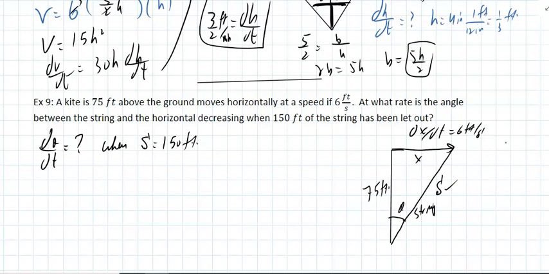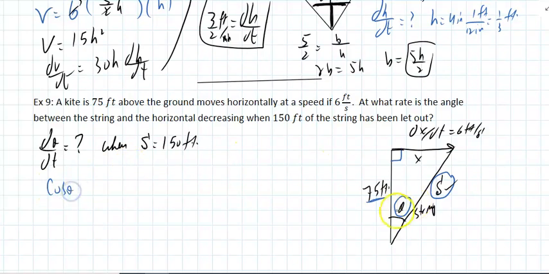Well, let's see how we're going to combine those. Now, I need an angle. I need s. And I'm thinking, if this is fixed, wouldn't it be easier to get an angle with the adjacent and the hypotenuse? That's cosine.